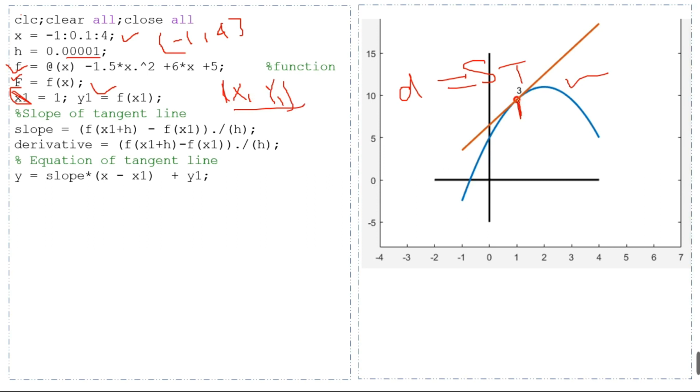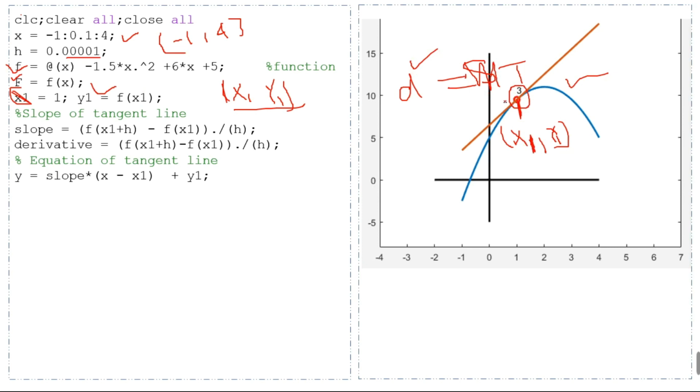At this point we have to draw a tangent line, and the slope of this tangent line we can also write as m. The slope of the tangent line will be equal to the derivative at this point x1.